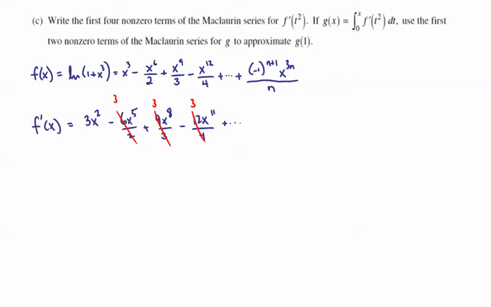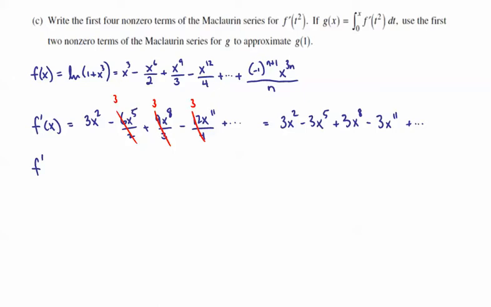So this f prime of x can then be simplified to just be 3x squared minus 3x to the 5th plus 3x to the 8th minus 3x to the 11th power. And again, it goes on and on and on.